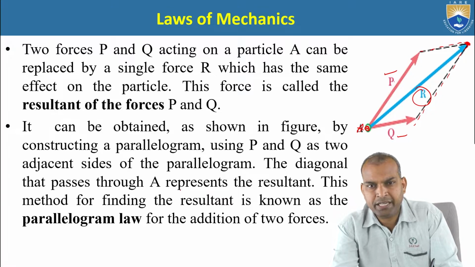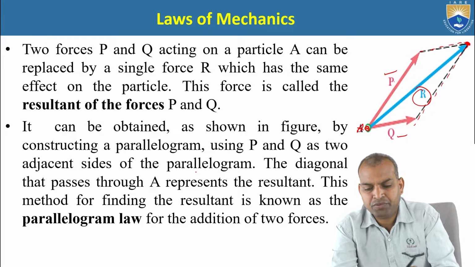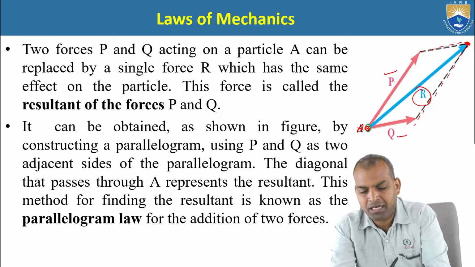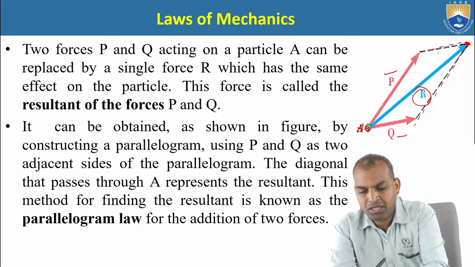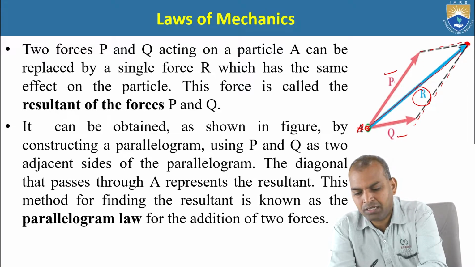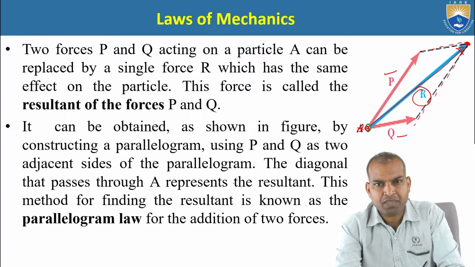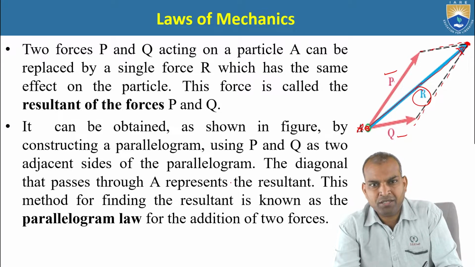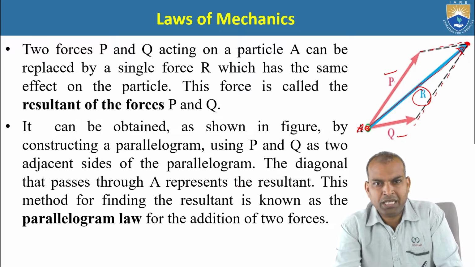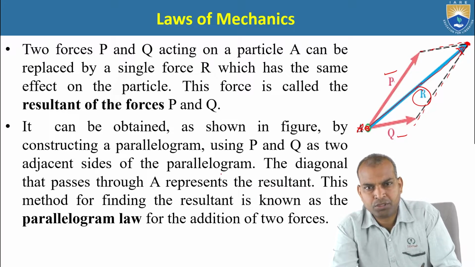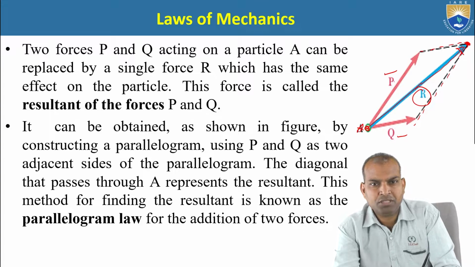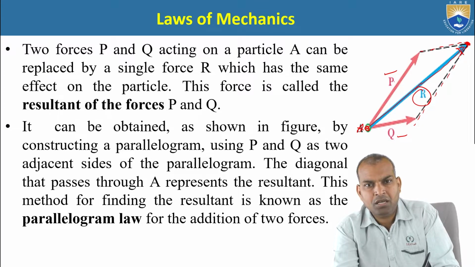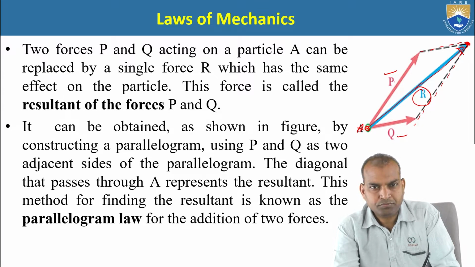Now join the diagonal of this parallelogram that represents R. The diagonal of this parallelogram, in blue color, is R. The measurement of this diagonal is known as the resultant of the forces P and Q. Thus, we have found the resultant of the forces P and Q.